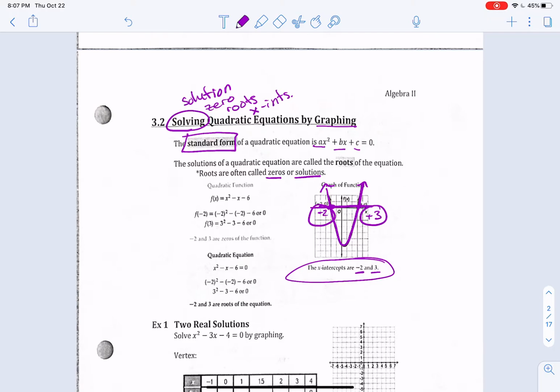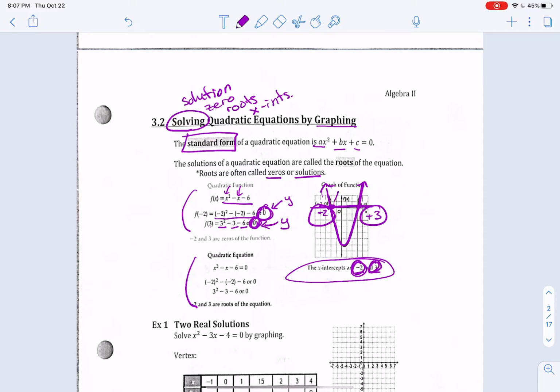Now, what you'll notice is what they did here and what they did here is -2. When we plug -2 in for x into this equation, that's the equation that is graphed here, we come out with 0. When we plug +3 in, same thing, it comes out to be 0, because this means that the y-coordinate is 0 when the x-coordinate is -2 or 3.